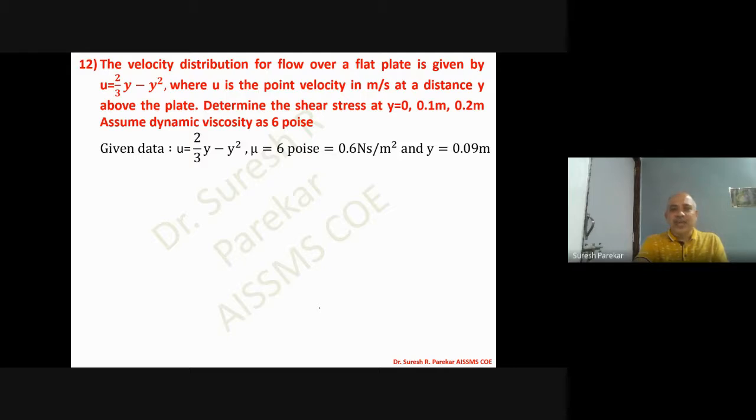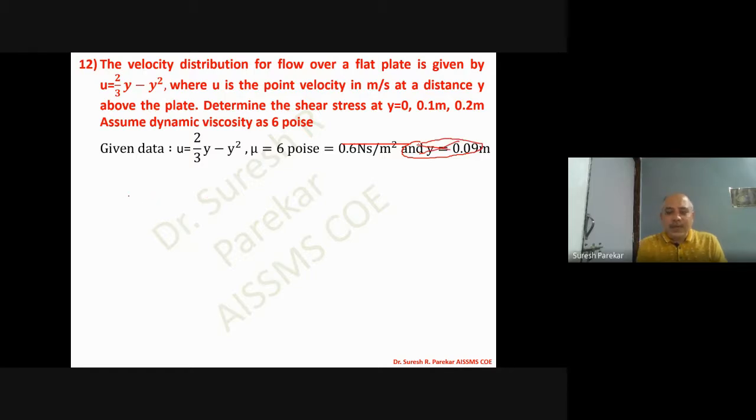So u is given, mu is given, converted into Newton second per meter square. Y is given in meters, and we have different values of y: 0.1 meter and 0.2 meters.